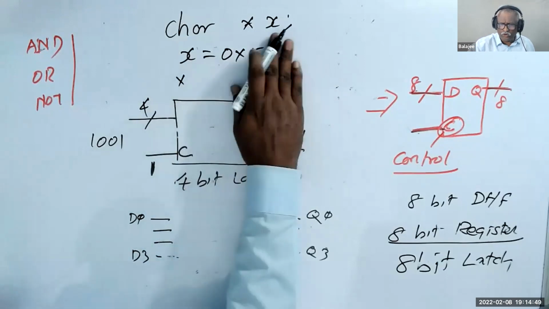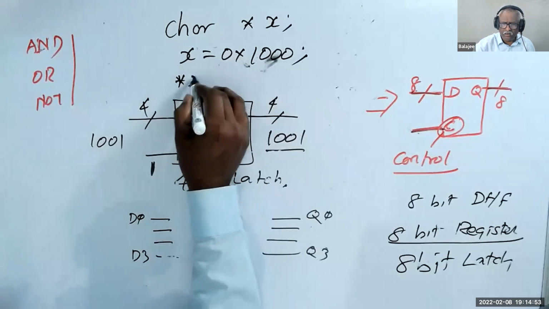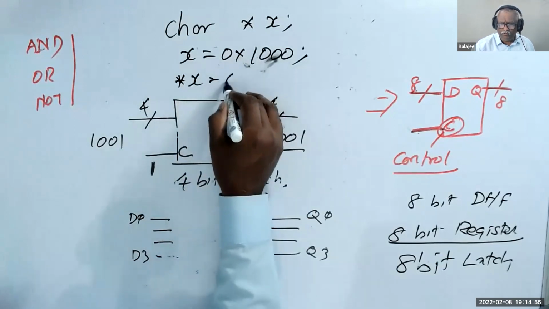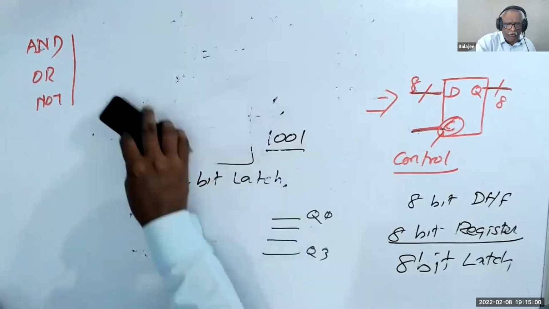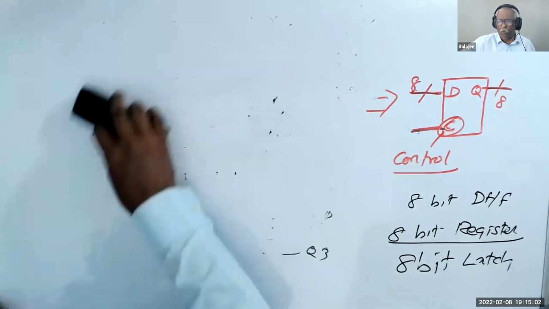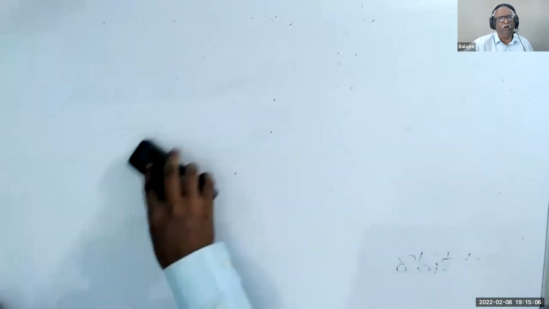Sorry, 1000. *X is equal to 0x51. Let me draw that. Let me give you the concept now. Since you have understood both combinational and sequential, I will try to explain this. What is the meaning here? This has to be understood by you very thoroughly. If you don't understand, please let me know.